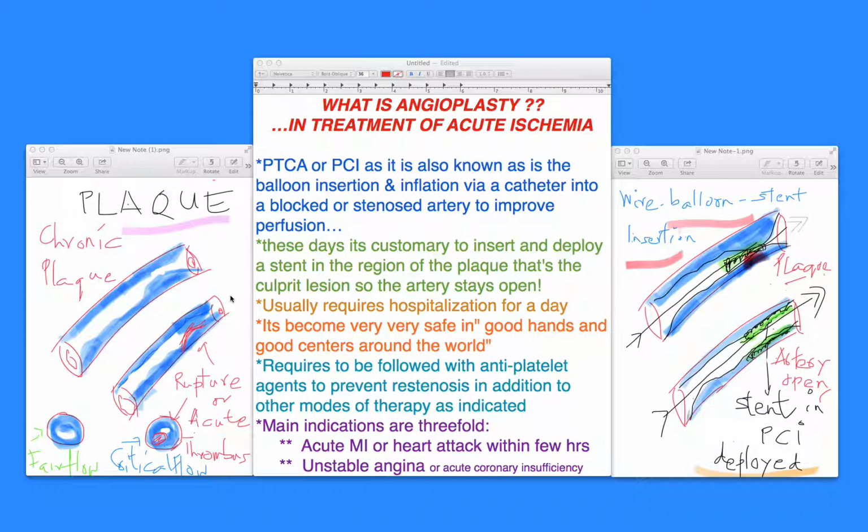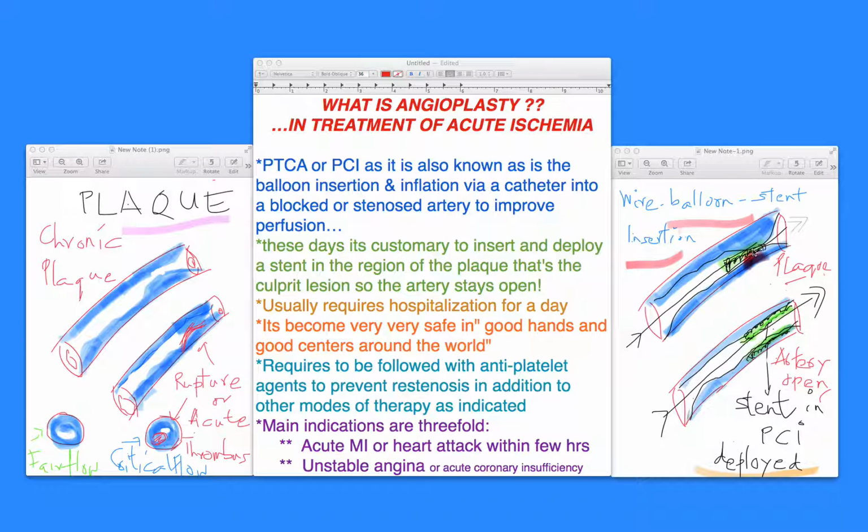So an unstable angina where the plaque ruptures or an acute thrombus develops, like in a setting of a heart attack, a catheter, like we move into the right panel here, is immediately inserted while in the cath lab. The patient is fully awake, and the artery and the catheter is found via the femoral or even via the brachial, which is in the arm.